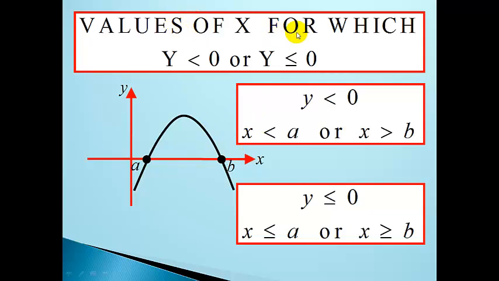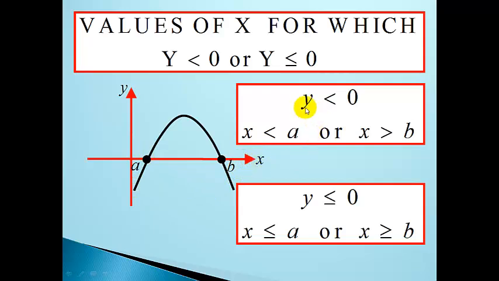Now values of x for which y is less than 0. This is a maximum graph. So when you consider this maximum curve, the values of x for which y is less than 0 or y is less than or equal to 0 will be x less than a and x greater than b, because that is the part below the x-axis.